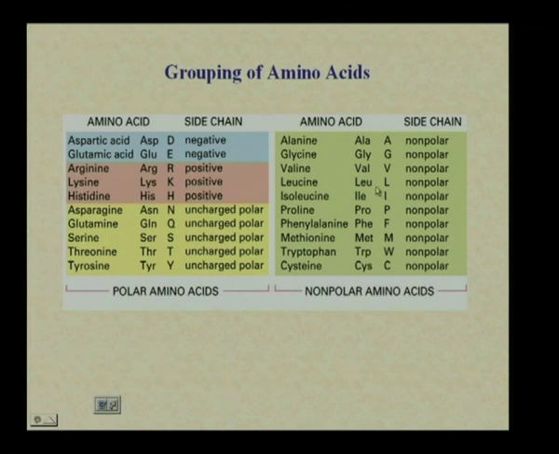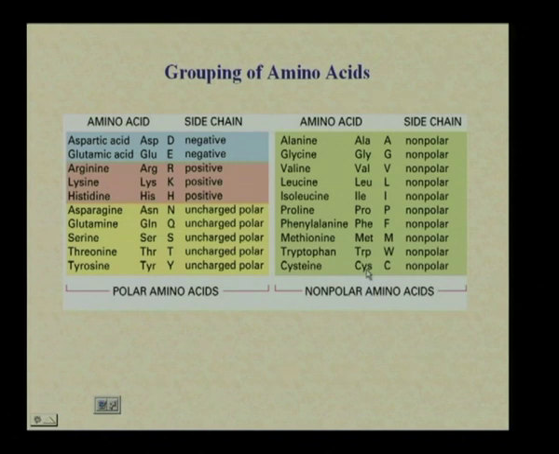Okay? So, what do we have here? We have alanine, glycine, valine, leucine, isoleucine, proline, phenylalanine, methionine, tryptophan and cysteine. Now, the last 3 of these have heteroatoms in them. Methionine has a sulfur, tryptophan has a nitrogen and cysteine also has a sulfur.